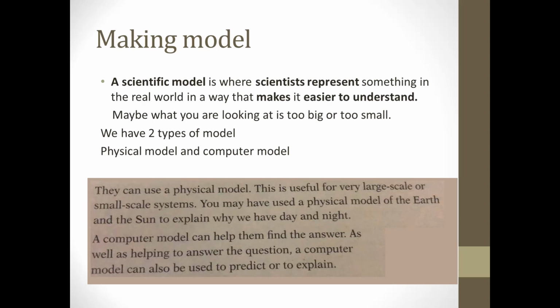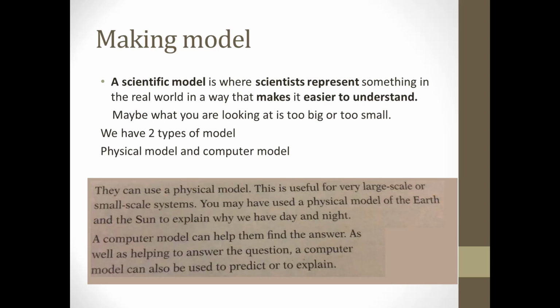We bring a ball representing the earth and a lamp representing the sun, and a small ball representing the moon. Then I can perform a small experiment. We call it a model because it's not a real experiment. I'm representing an explanation for this phenomenon.